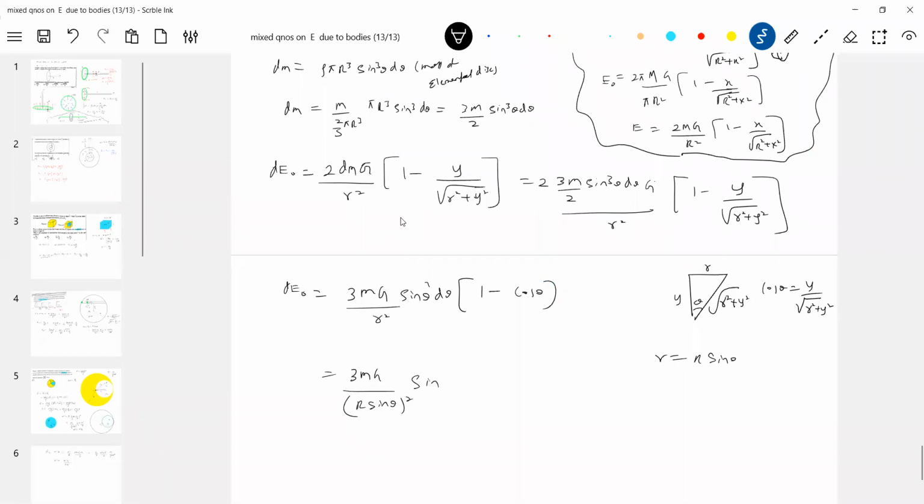Sine cube, R square will come here. What is the next thing? Sine theta d theta into 1 minus cos theta. What should be the limit, anybody? 0 to pi by 2.